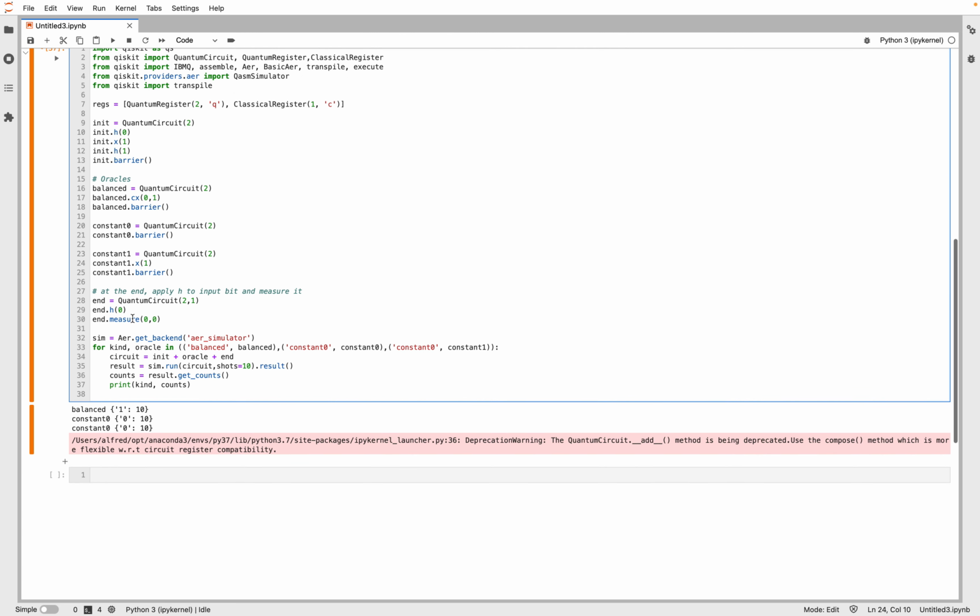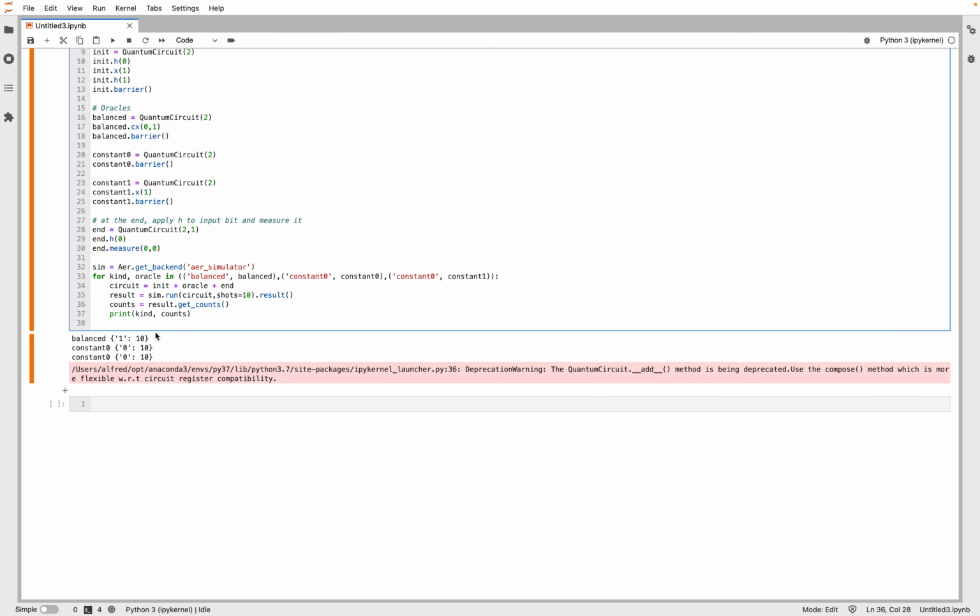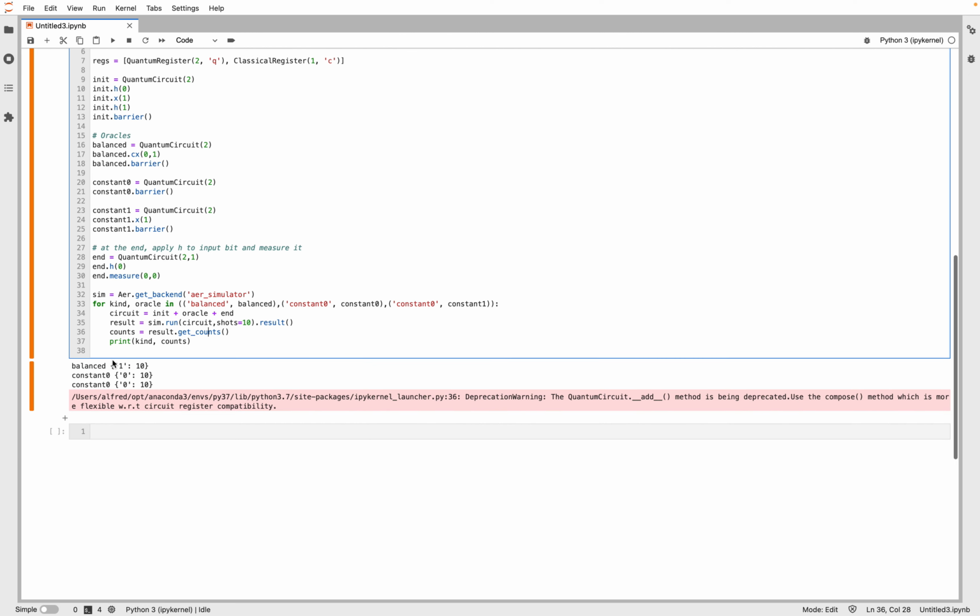And then after the oracle, we apply a Hadamard on the first qubit and do the measurement. And then we go through the simulator again. We see that when it's balanced, we always get 1. When it's constant, we always get 0, regardless of whether it's constant 0 or constant 1.